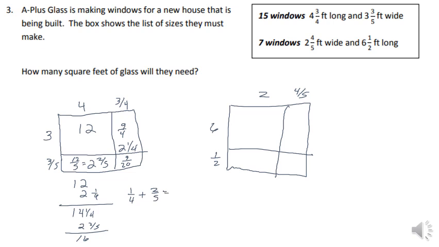So if I multiply 1/4 by 5, I'm going to get 5/20. Plus multiply 2/5 by 4, I'm going to get 8/20, which equals 13/20. So now I got 16 13/20, but also I have to add 9/20 in there for our last block.